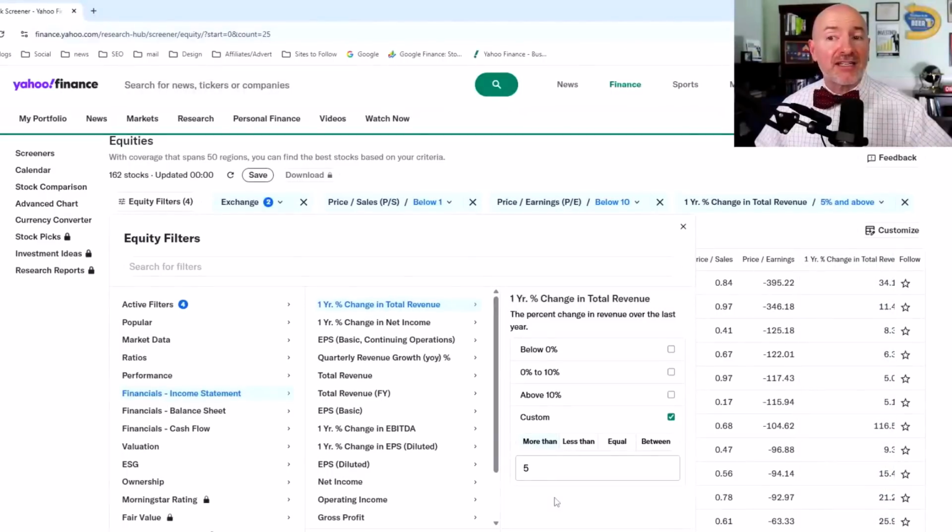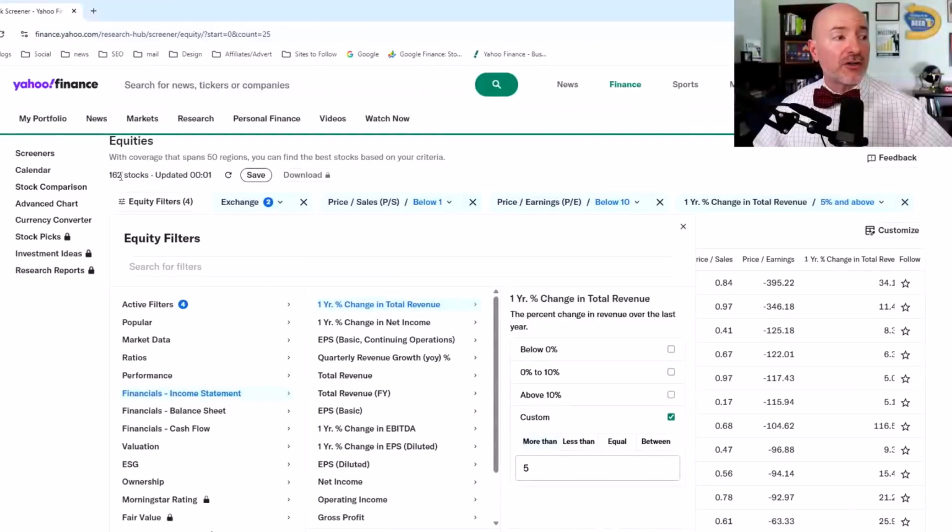I like adding this change in revenue here for our value stocks because I do want to see that the company is actually growing its revenue, is actually growing its net income and its earnings. Otherwise, that might be one of the reasons why it's so cheap, if that 1 year change in revenue is below 0, or negative, if it's actually losing sales growth on that measure.